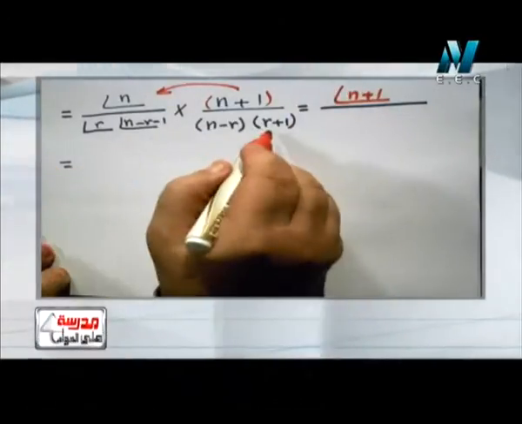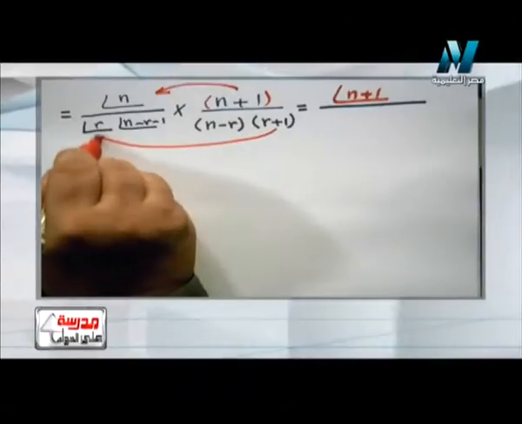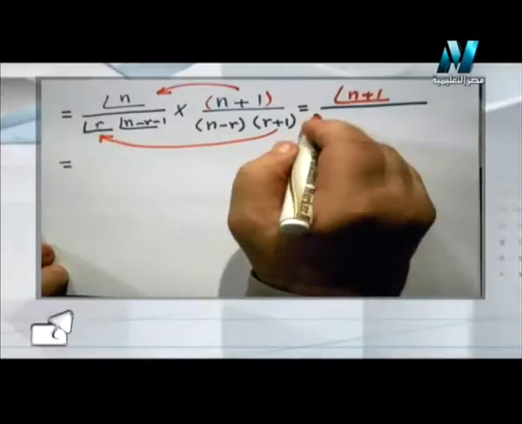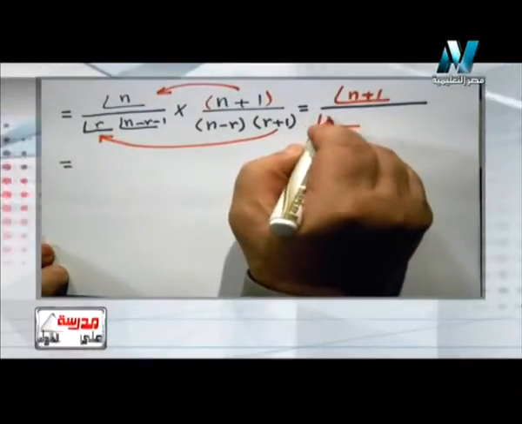Also, R plus 1 multiplied by factorial R is factorial R plus 1.